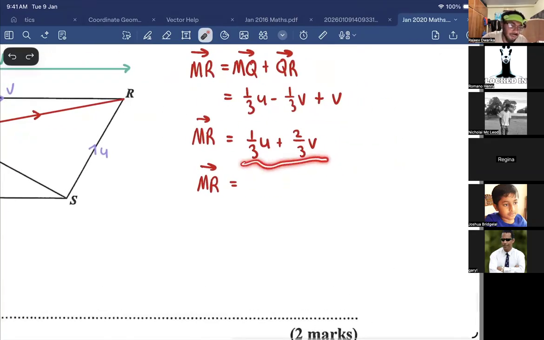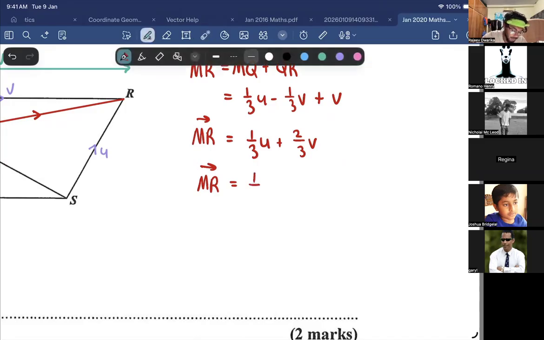What could I factor out from a third U and 2/3 V? A third. Yeah, a third. If I pull out a third, what do I write on the inside? U plus... What multiplied by a third would give back 2/3?